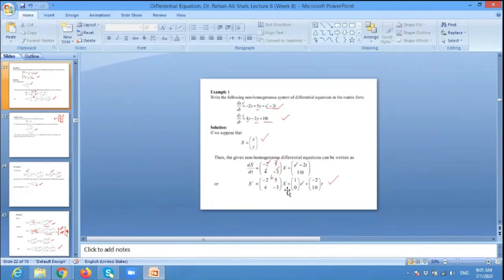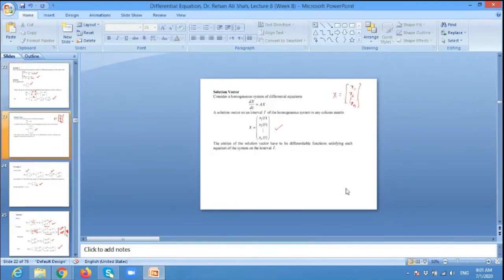So what is x dash? This is Ax plus f. You can also write it in the form of 10 e^t plus minus 2t minus 210 into t. Here you can write it like this. So this will become x dash is equal to the matrix minus 2, 5, 4, minus 3 times x plus 10 into e^t minus 2t into t.